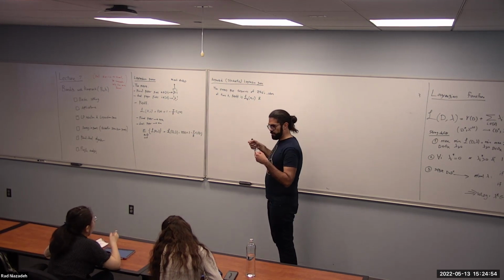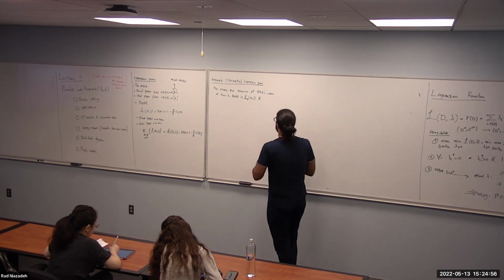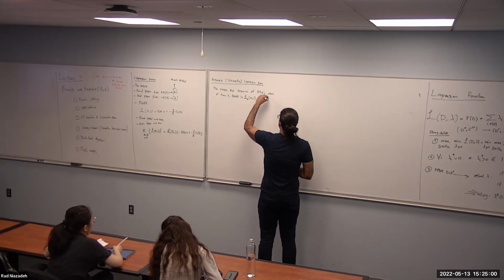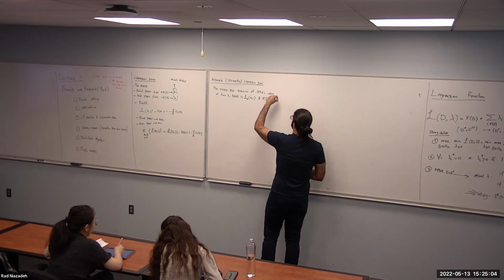So they play this random game at time t, given the history, and you know that the expectation of L_t of A and I, let's say conditioned on the past.